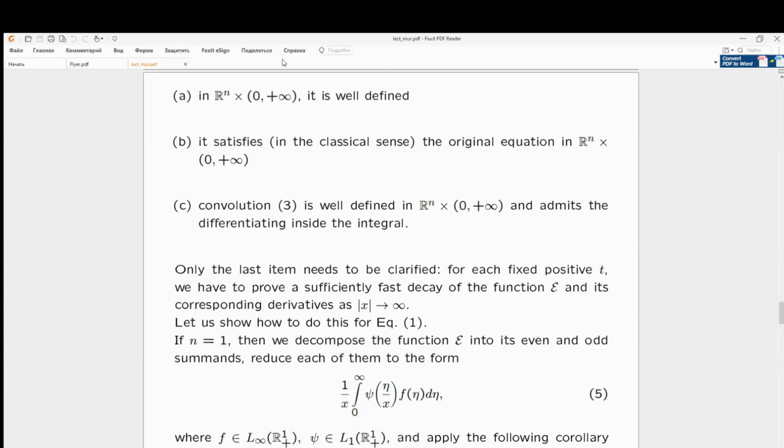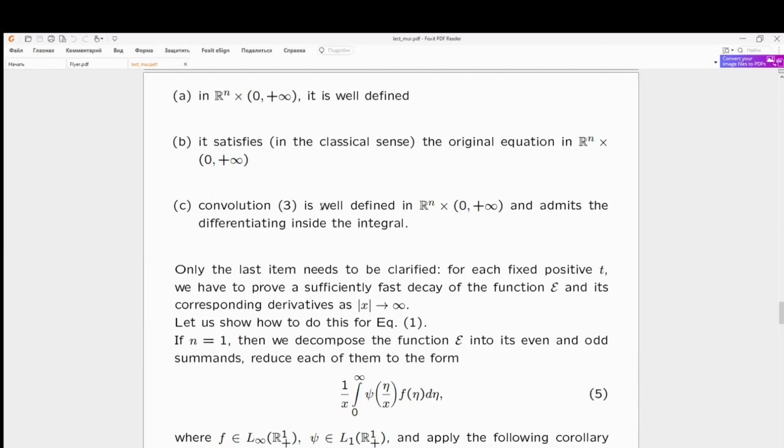First, we have to prove that this function 3, which is the convolution of the Poissonian kernel and the initial value function, is well defined in this half space. Second, we have to prove that this convolution satisfies, in the classical sense, the original equation in the same half space.